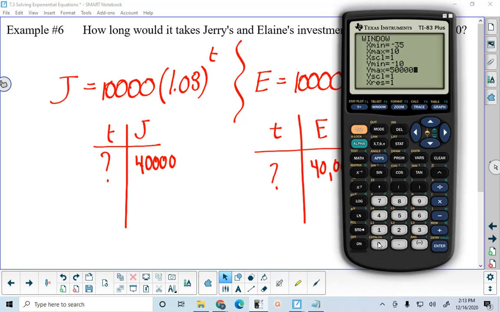If you want to know approximately what to go up to for x, you could go to your table and start scrolling around. My table happens to be right around 17, but you can see we've actually got the answer here. It's going to be 19 years, but we'll talk about that in detail. So I'm going to go up to 20 for x. I'm going to pause there to see if anybody has any questions about me choosing those window settings.